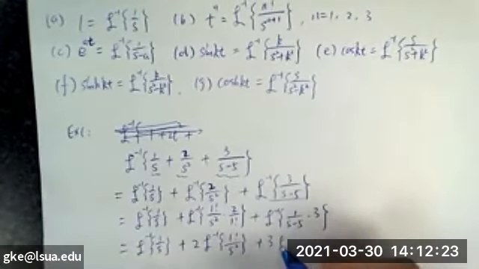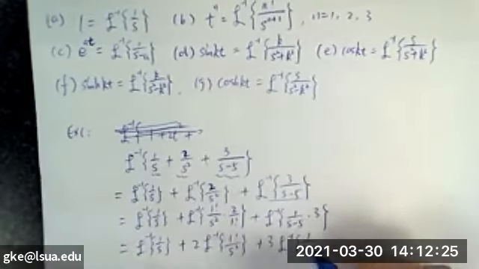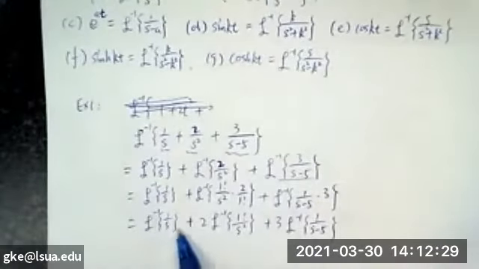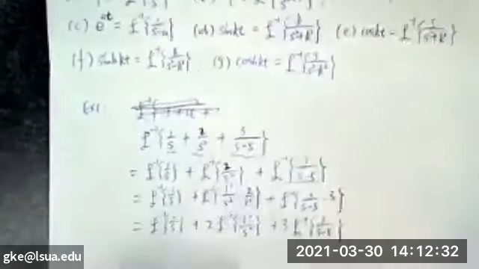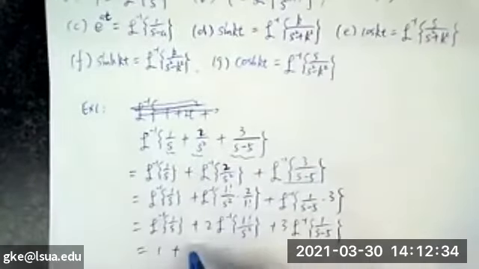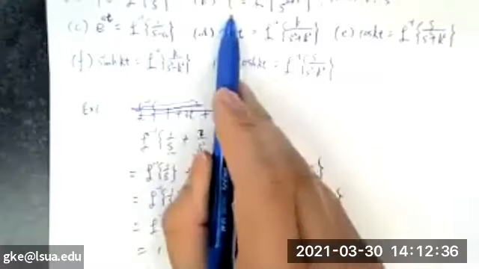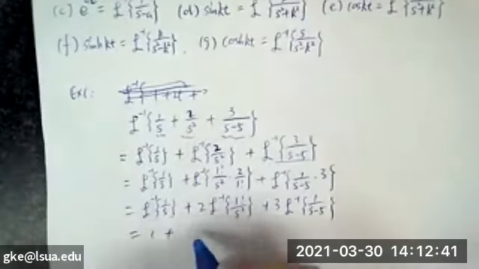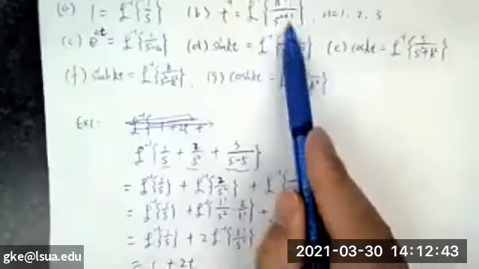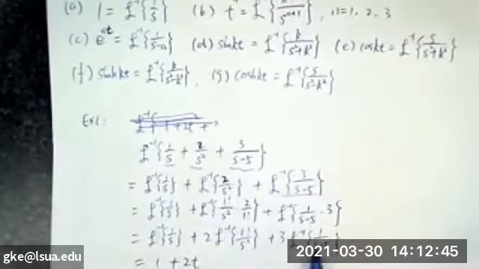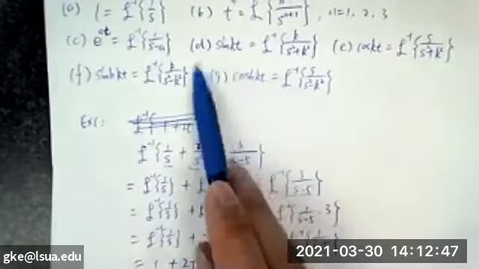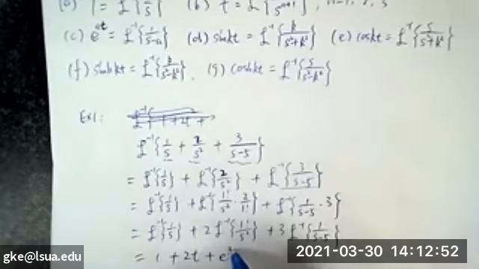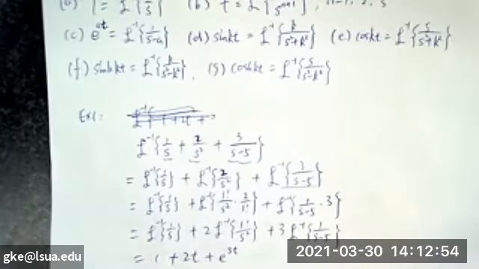And let's put 3 outside. And the first one gonna be 1. The second one gonna be formula B. It's t, n equals 1. The third one gonna be a equals 3. Okay, that's it.